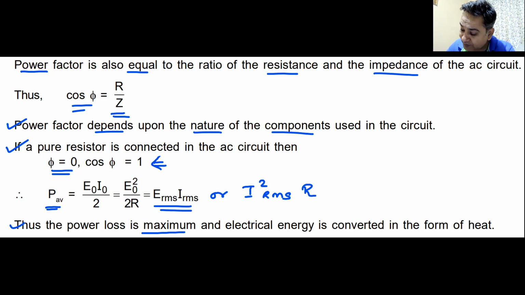Power loss is maximum and electrical energy is converted in the form of heat. So if I have a pure resistor, the power loss is maximum. A question can come: what type of AC circuit consumes maximum power? A pure resistive circuit consumes maximum power. Please note it down.